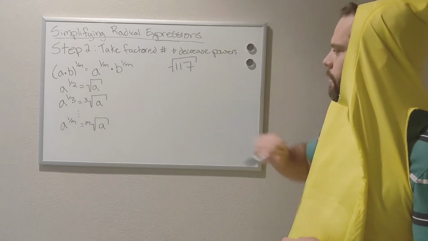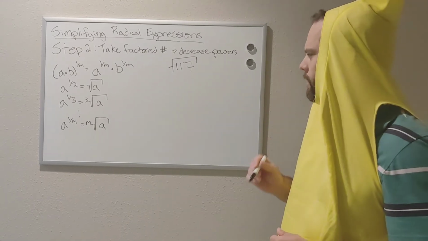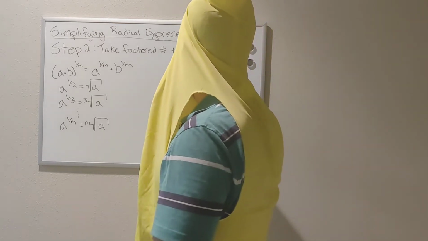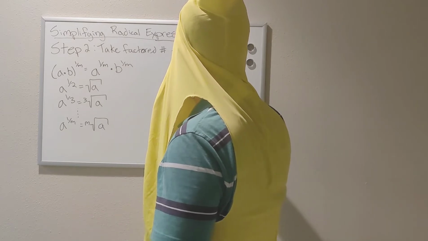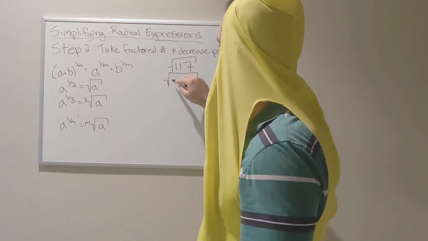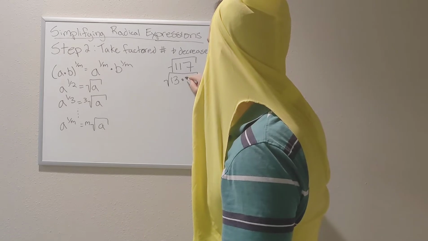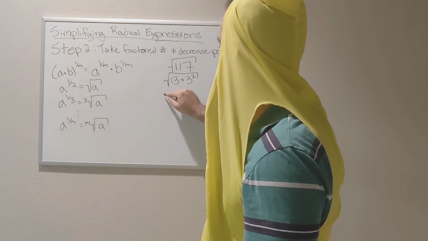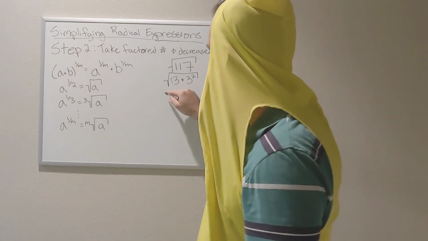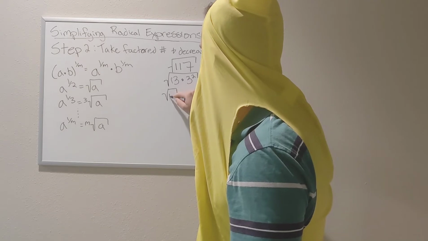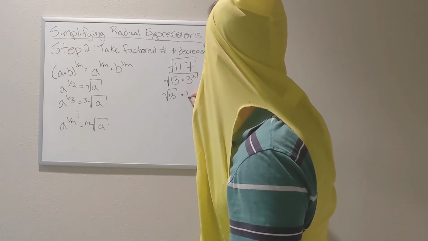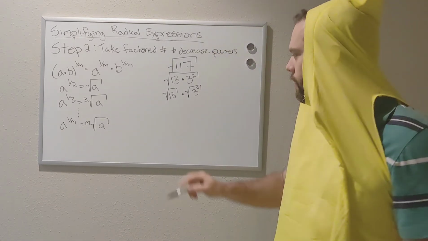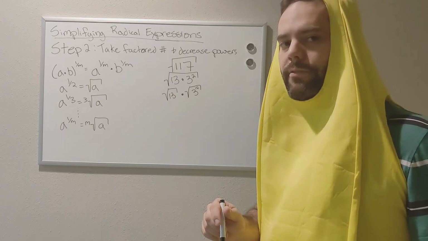So let's take the number that we factored on our last board and take a look at its square root. What might that simplify to? Well, we know that 117, according to our previous calculation, is the same thing as 13 times 3 squared. We're going to split it up into its separate factors, as so. That's the same thing as the square root of 13 times the square root of 3 squared.